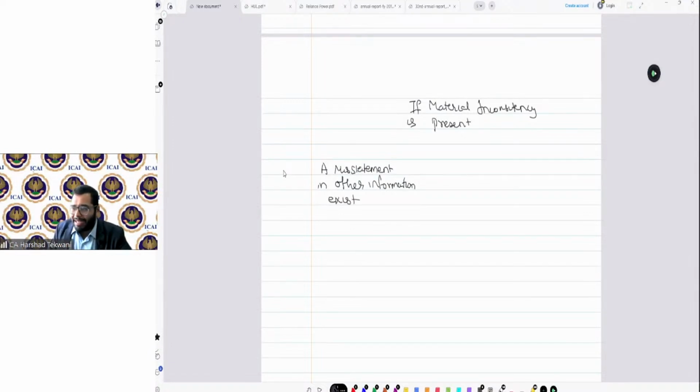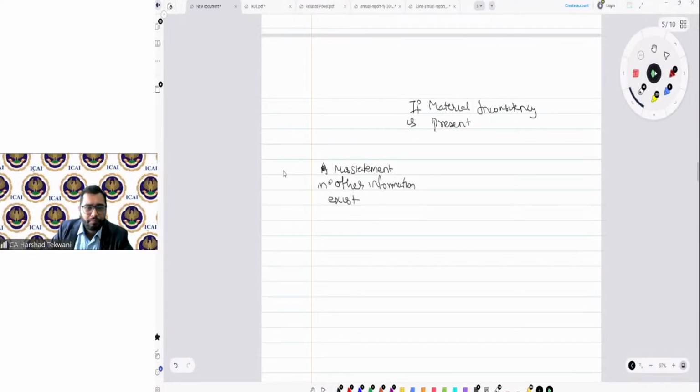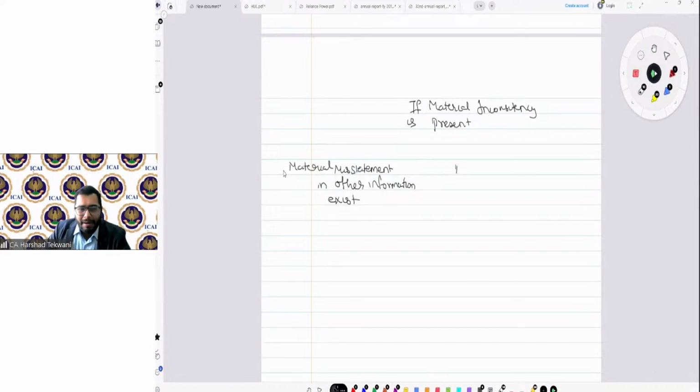Either a material misstatement is in the financial statement. So when I compare the other information with the financial statement, I may identify no material misstatement in other information, but the material misstatement is in the financial statement, not in other information.